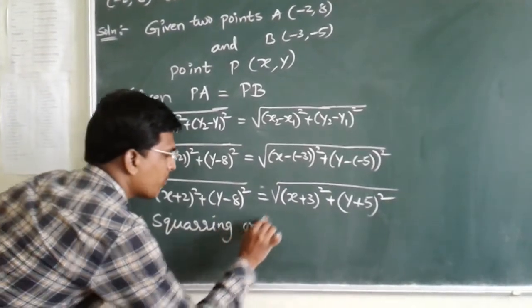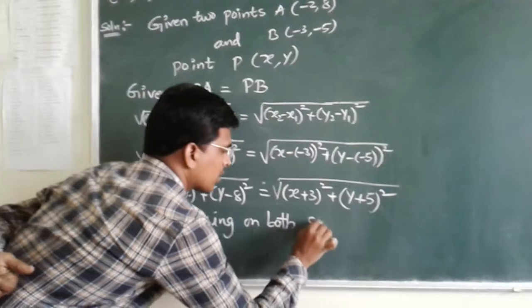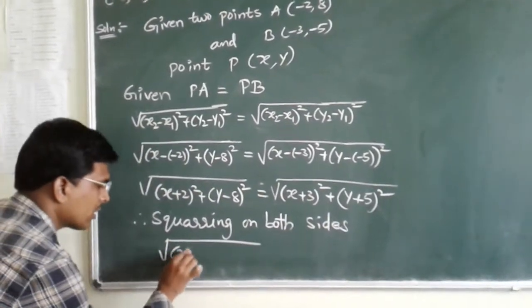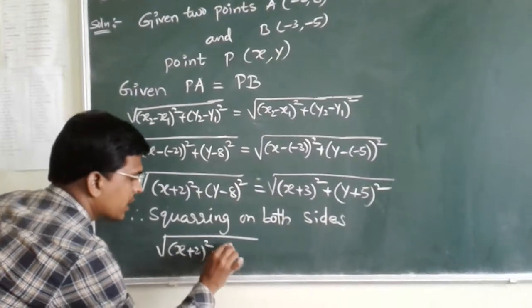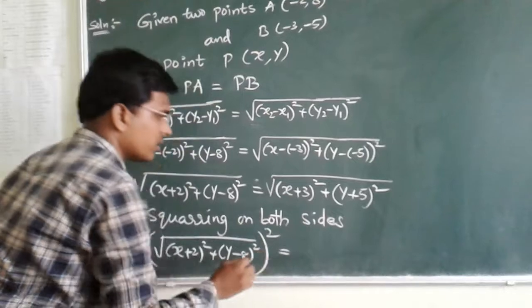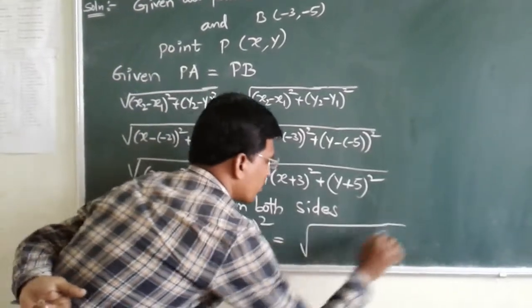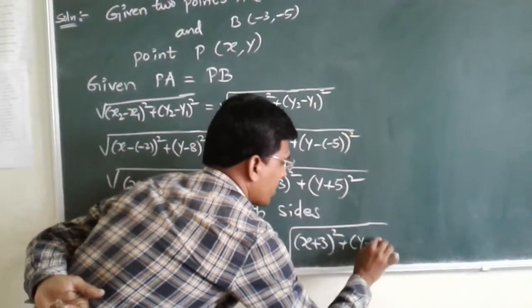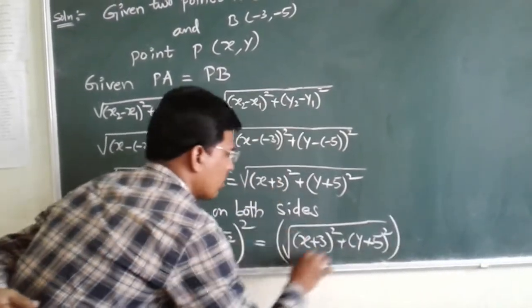Squaring on both sides. So under root of (x plus 2) whole square plus (y minus 8) whole square, and whole square, is equal to under root of (x plus 3) whole square plus (y plus 5) whole square, and whole square.